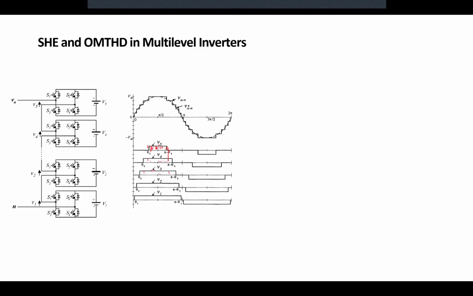And it would create basically a perfect output voltage very close to the ideal sinusoidal that we want. Make sense? Is that clear?